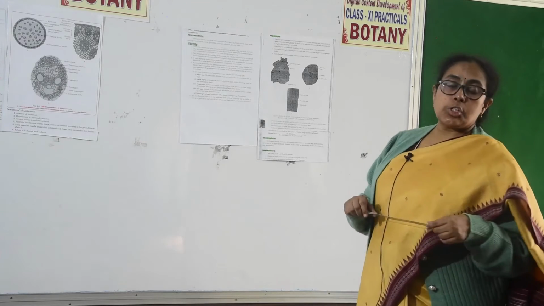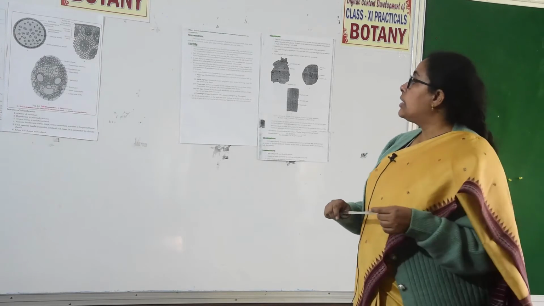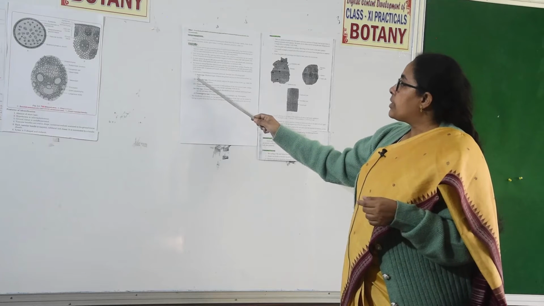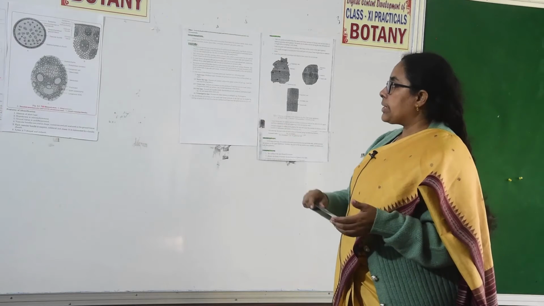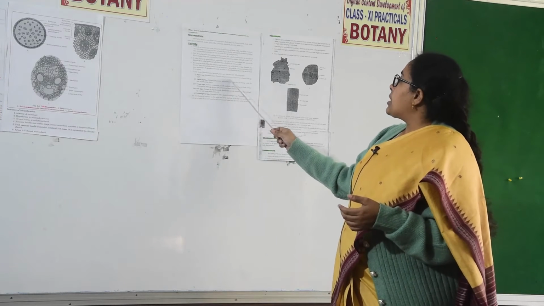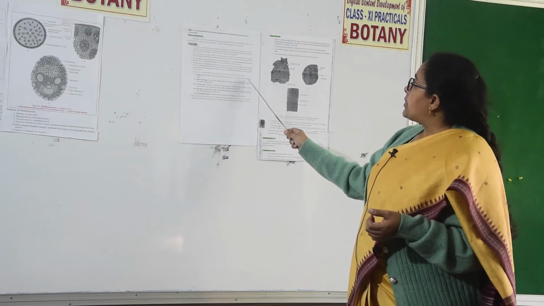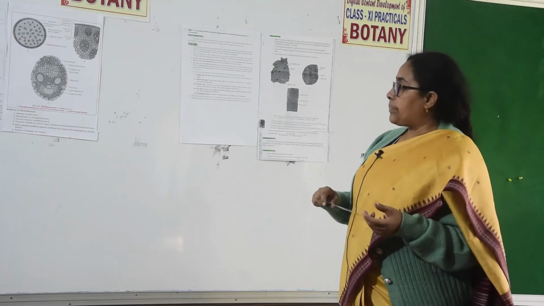On the basis of the distribution of the stomata, there are different types. One is the mulberry type or apple type, where the stomata are present only on the lower surface of the leaf, for example apple.